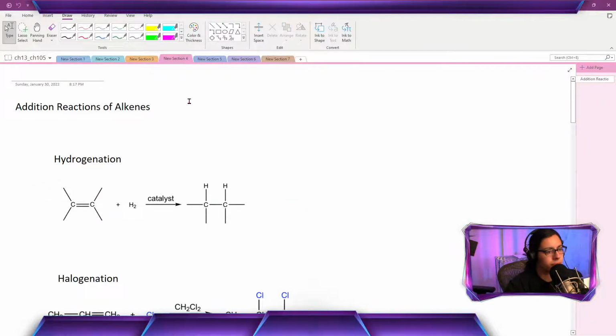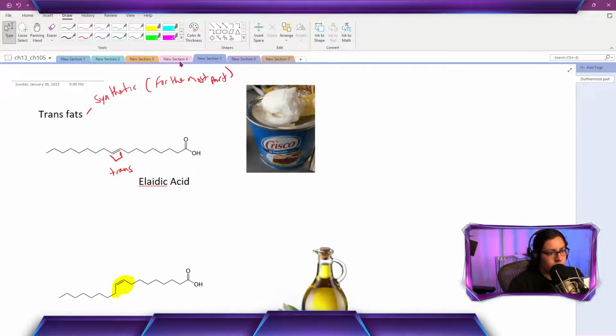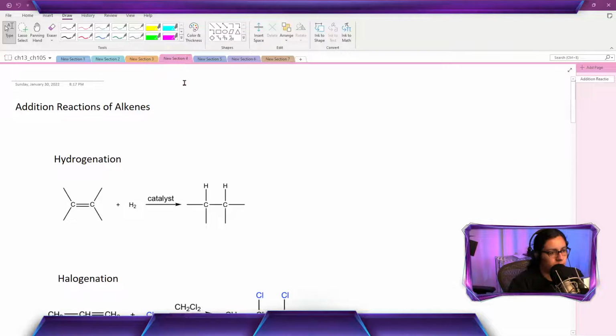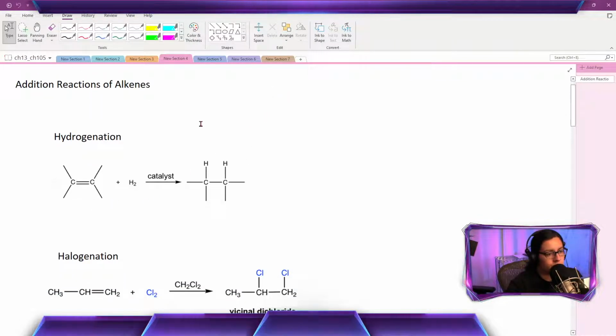So let's start going over some of these reactions. I think we'll get through these addition reactions of alkenes today. So let's start with hydrogenation. So hydrogenation is when we have a double bond here.